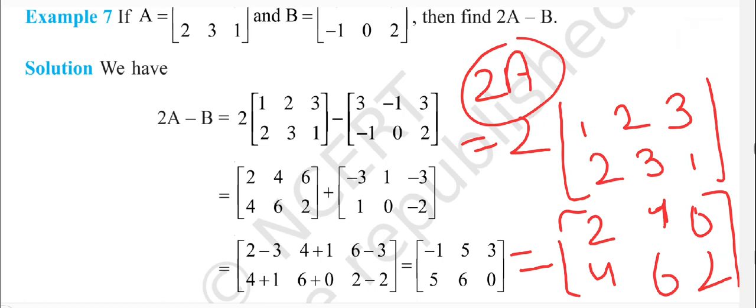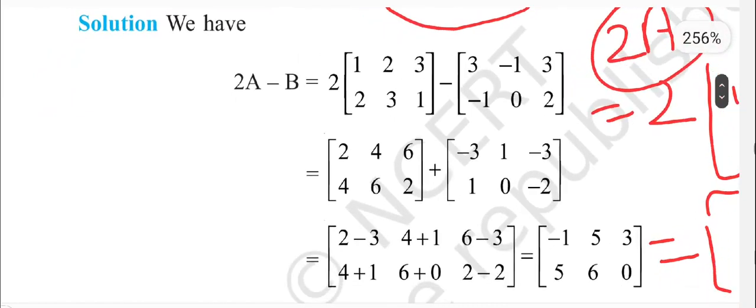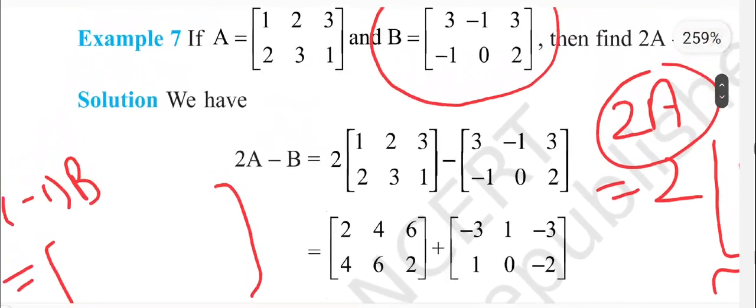Now I already know what B is. What do I want to find? I want to find minus B. How will I find minus B? I will multiply matrix B with minus 1. So what are the entries in B matrix?